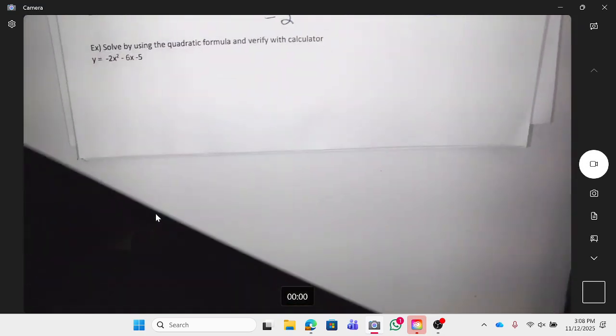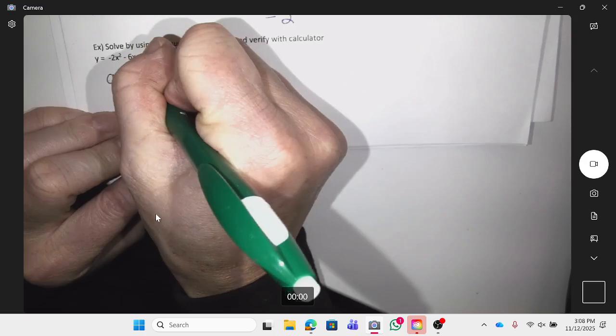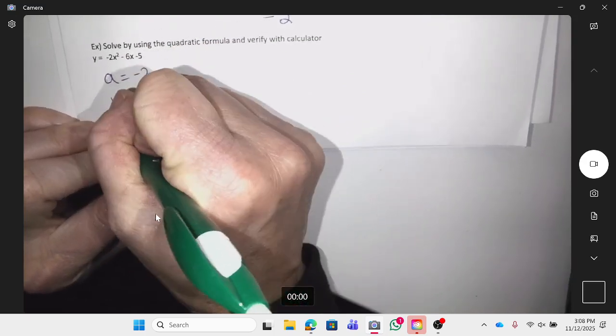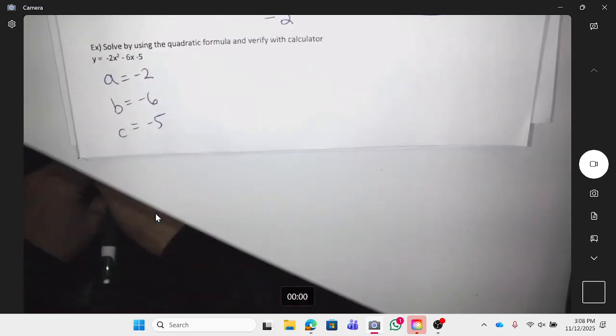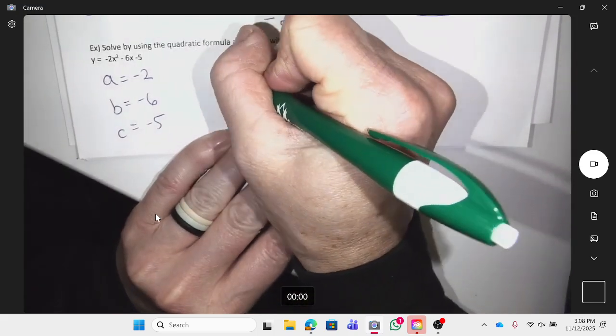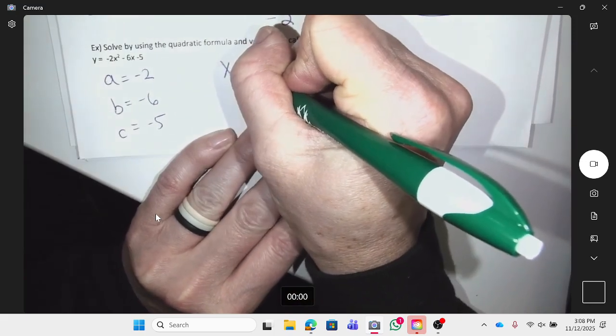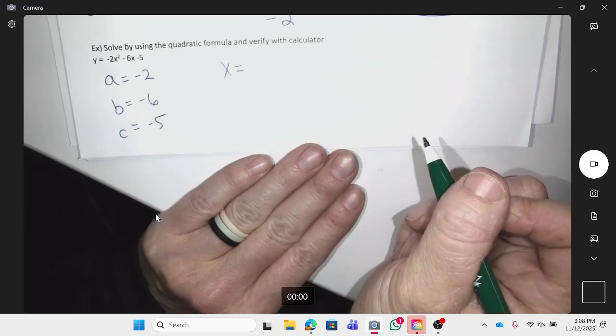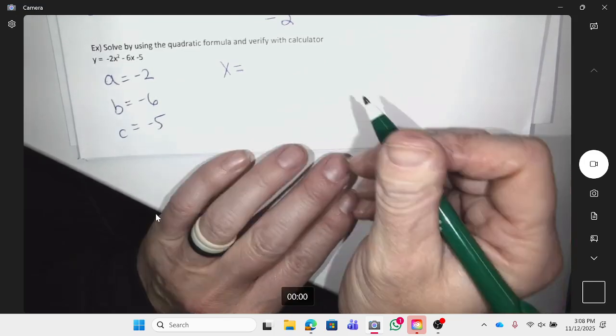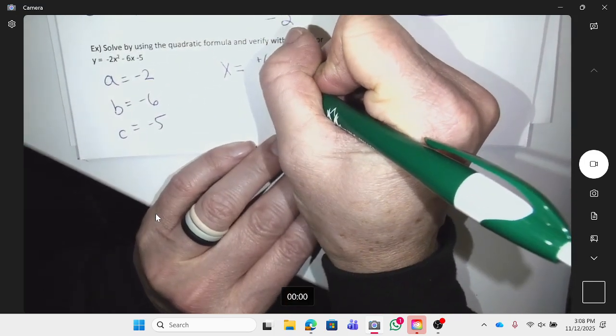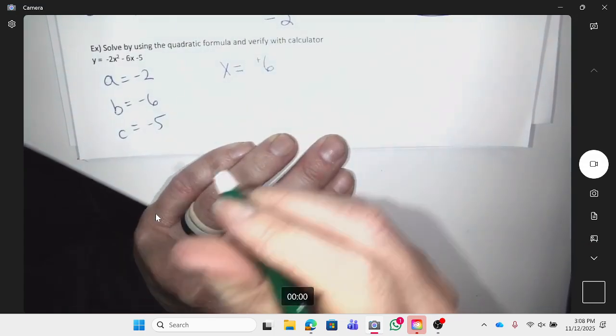Okay, very last one. A, B, C. X equals opposite. So +6, +6, opposite.